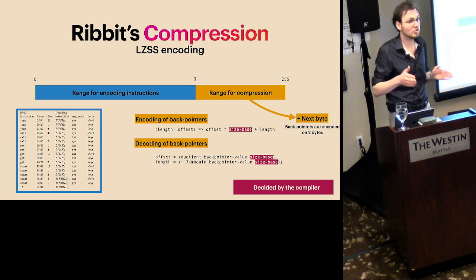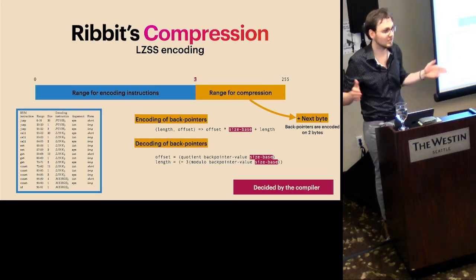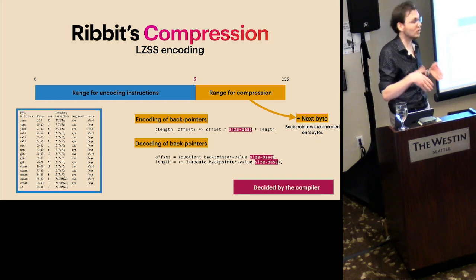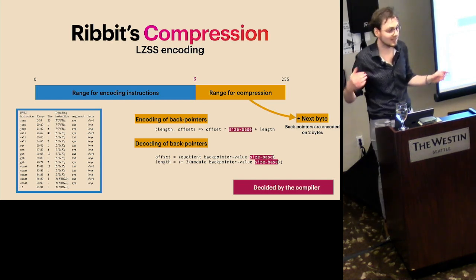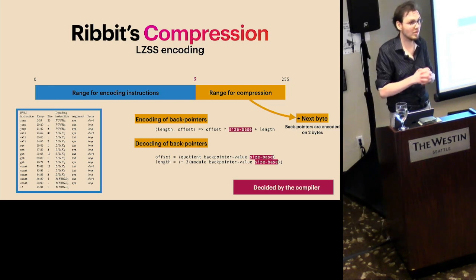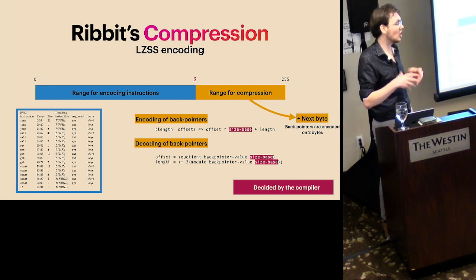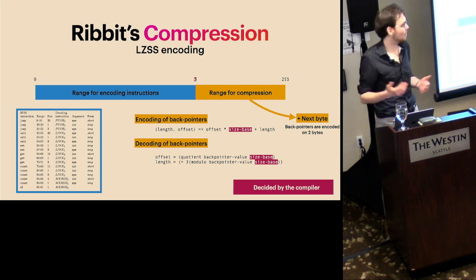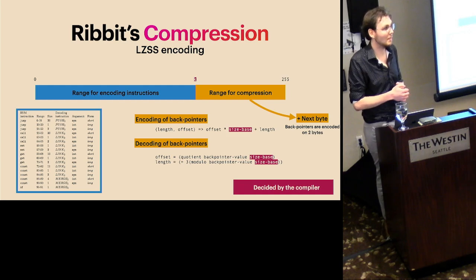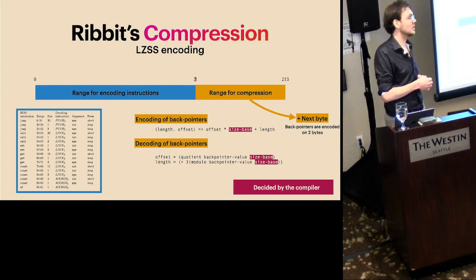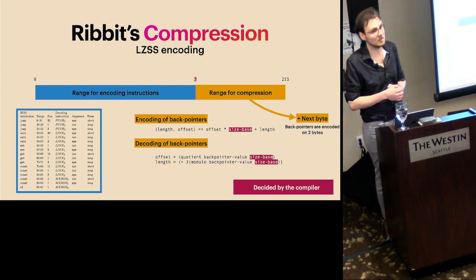We reserved a certain range of the 256 codes for compression, and on this range we took the second byte and combined it into one number. Then the compiler decides at compile time what would be the maximum length possible for a back pointer, and this information is injected inside the RVM.